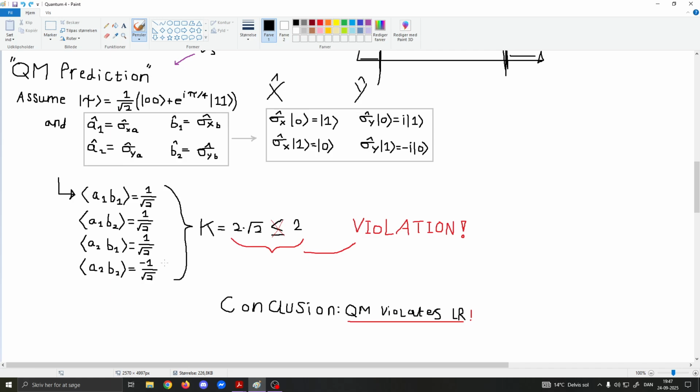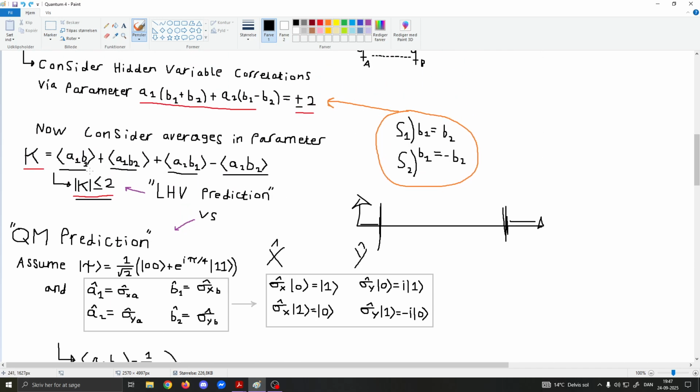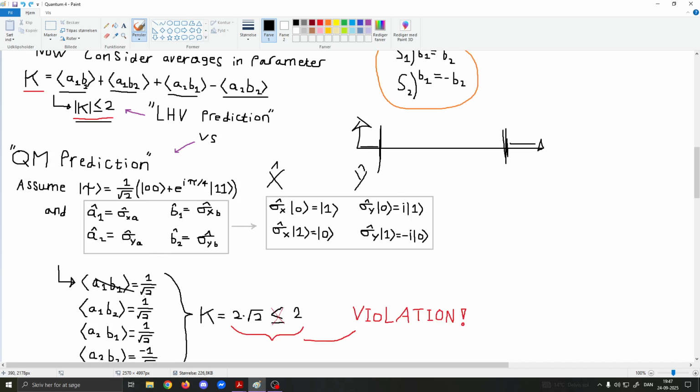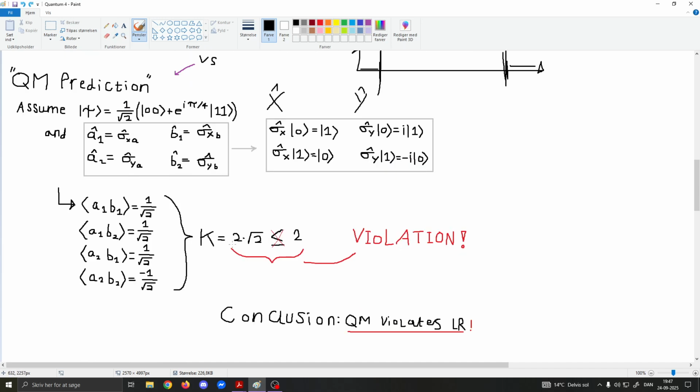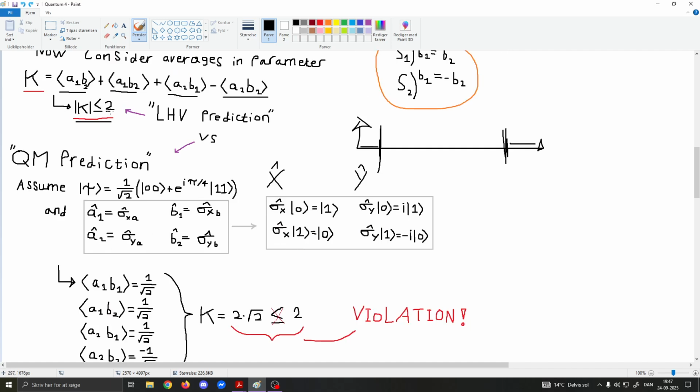If you take the sum of these in accordance with this parameterization that we made up here, basically if you plug in these values for these terms, you would actually get an outcome which is 2 times square root of 2. Now, 2 times square root of 2 is not smaller than or equal to the number 2, which is the value that we got as a prediction from a local hidden variables theory.